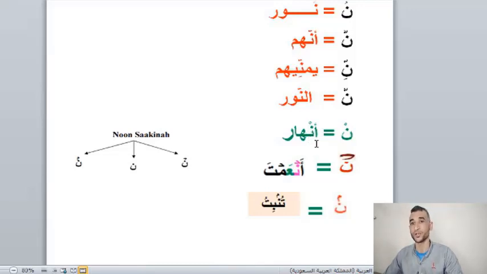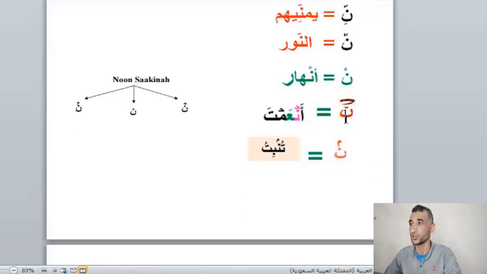So you have to hold the sound in the noon. Here also is a sign of sukoon, which is a small part of the head of ha on the letter noon, which means that this letter noon is consonant, and you should pronounce it as consonant.